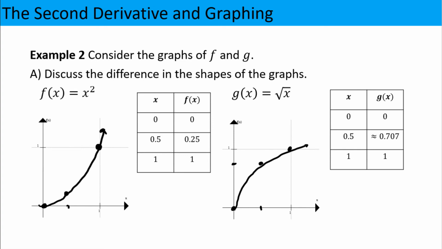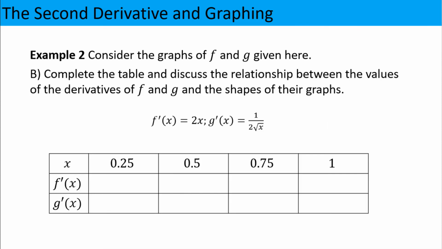It looks more like an umbrella. So in discussing the shapes, okay, one bowls up, and when it bowls up, we typically call this concave up. And when it bowls down, looks like an umbrella, we call that shape concave down.